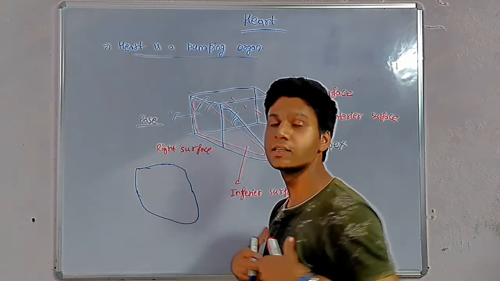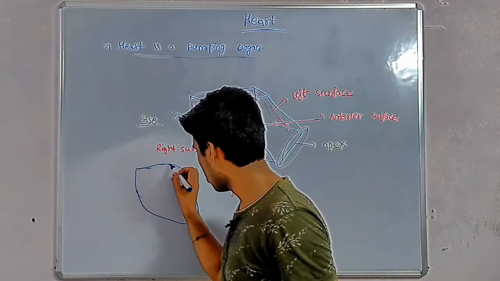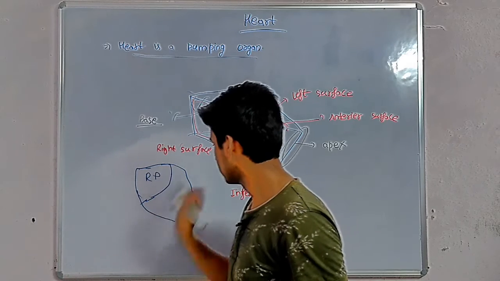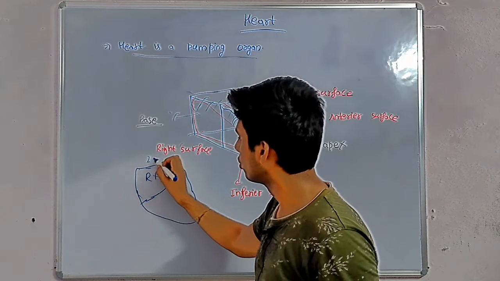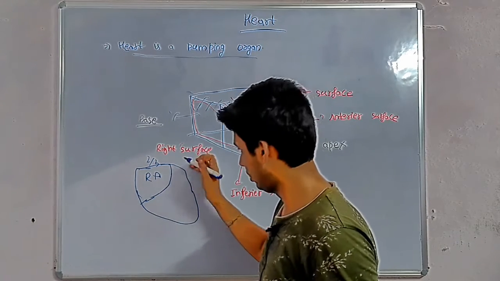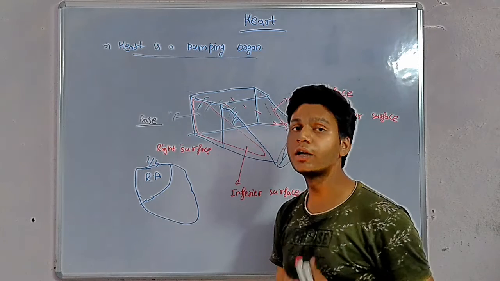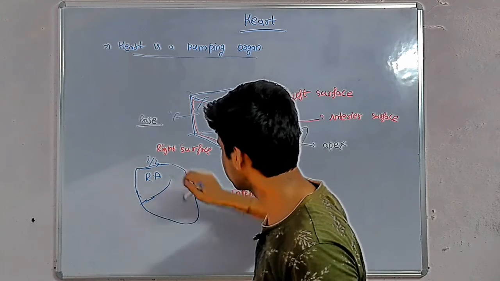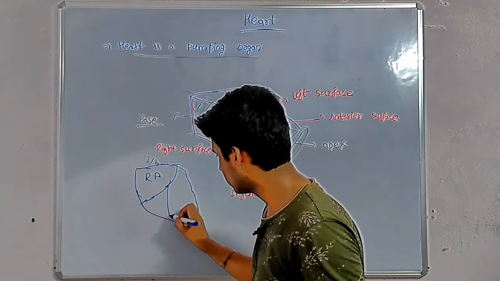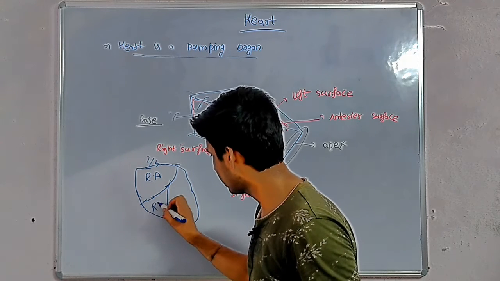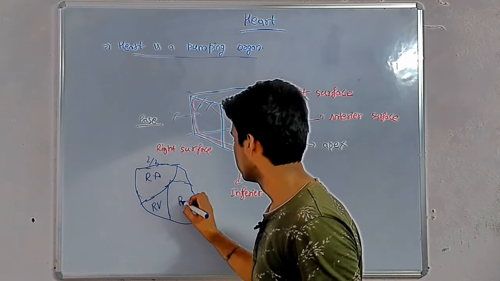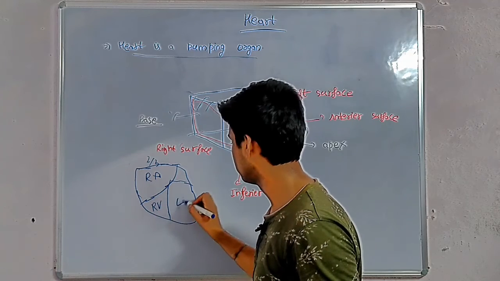Here in the anterior surface, mostly this is covered by the right atrium, almost 2/3 and 1/3 anteriorly. We cannot see the left atrium anteriorly. This is almost wholly present posteriorly. Just below this is the right ventricle, and the whole portion. This is called the left ventricle.